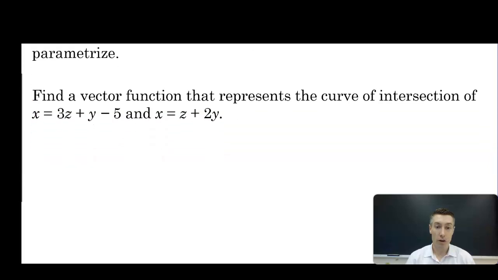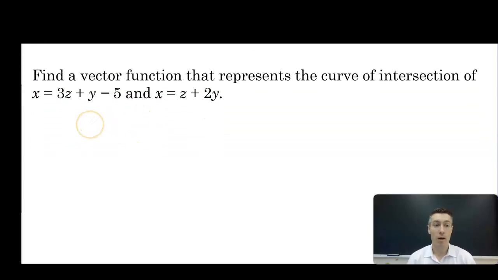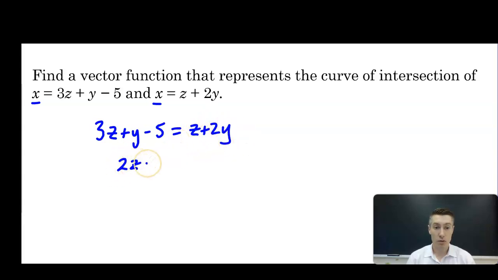So find a vector function that represents the curve of intersection of x equals 3z plus y minus 5 and x equals z plus 2y. So both of these surfaces are equal to x, so we could say that 3z plus y minus 5 equals z plus 2y, which says 2z minus 5 equals y. So now we have an equation with just a y and a z. In this case, y is defined in terms of z, so we'll build out from z.